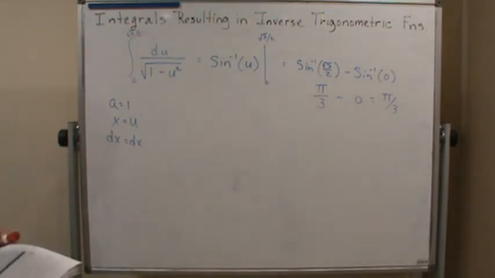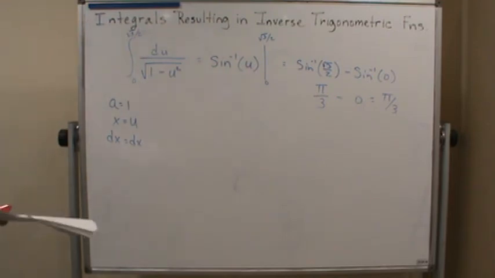Okay, now, keep in mind, as you're working on these, that there are 6 inverse trigonometric functions. However, only 3 integration formulas are noted in the rule that I gave you in the previous video.